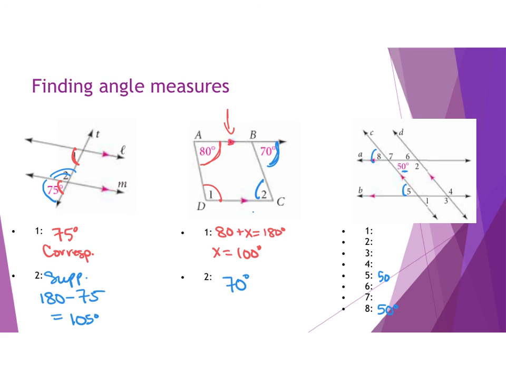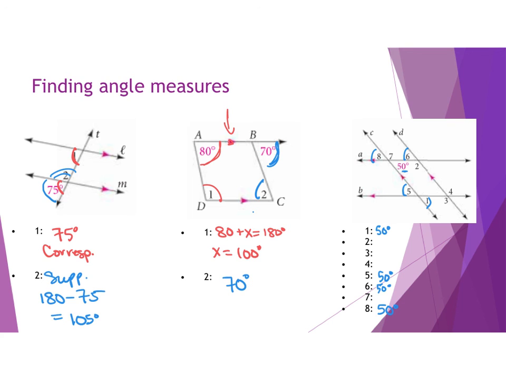And if 5 is 50, then that tells me that 1 is 50. And let's see. If 8 is 50, then I also know that 6 is 50 because they're on the same side of the parallel lines, or they're corresponding. So 6 is also 50 degrees. And I think that's all I have on that.